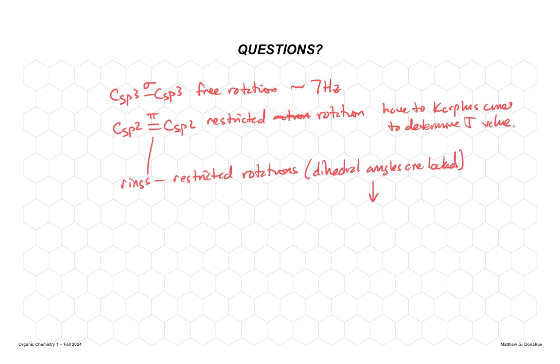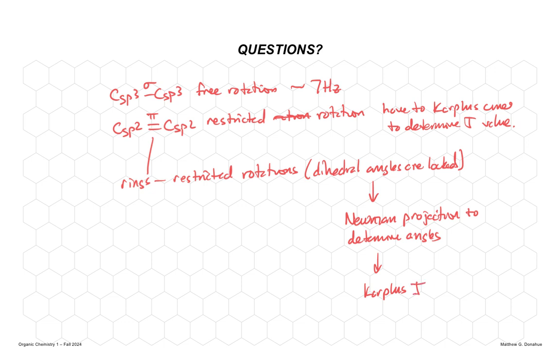And then you have to use the Newman projection to determine what those angles are. And then you go to the Karplus to determine the J value.